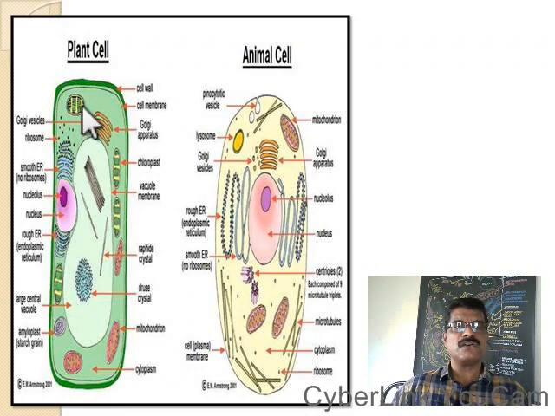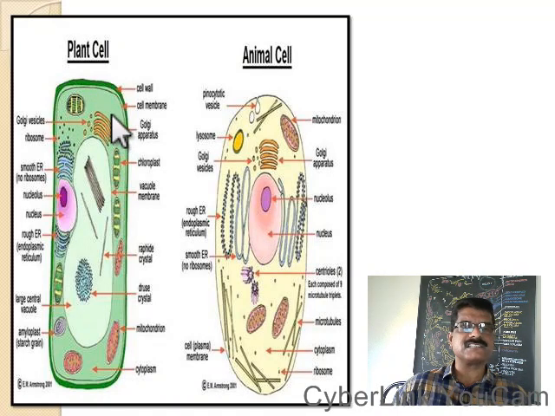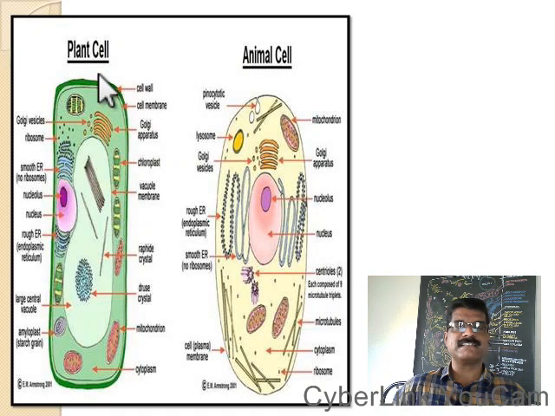But in case of plant cell, the layer which is next to the plasma membrane or the cell membrane is the cell wall. See, the outermost layer is the cell wall in case of a plant cell, but that cell wall is absent in the case of animal cell.